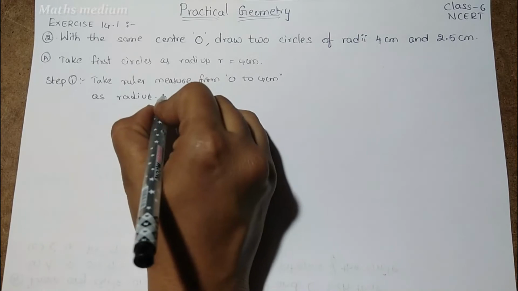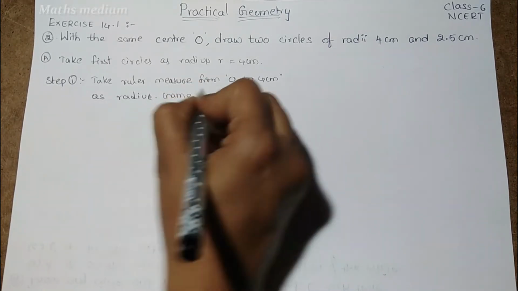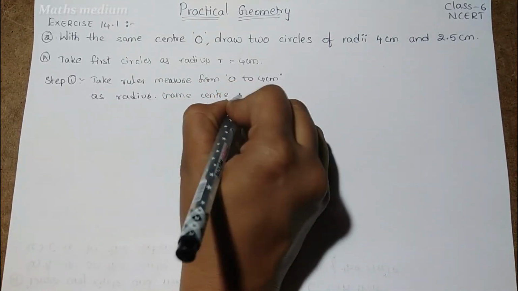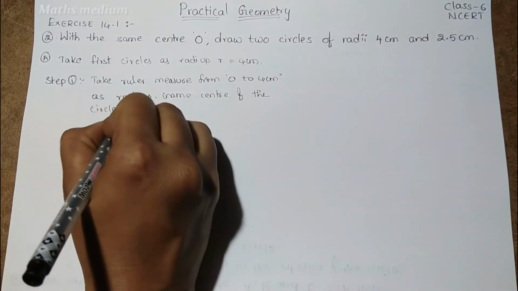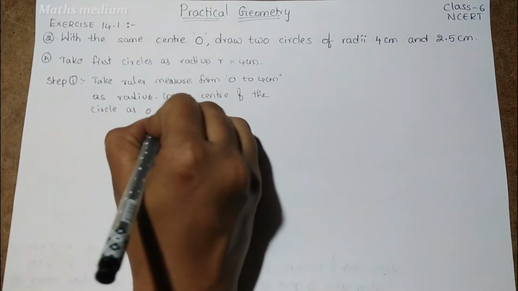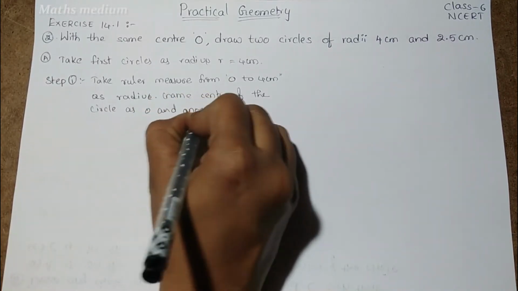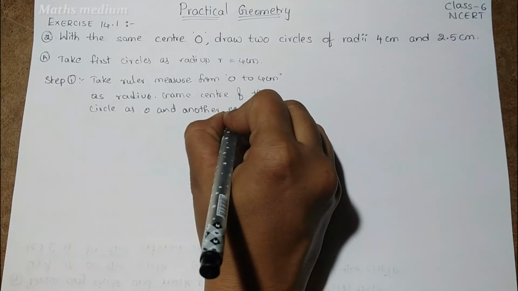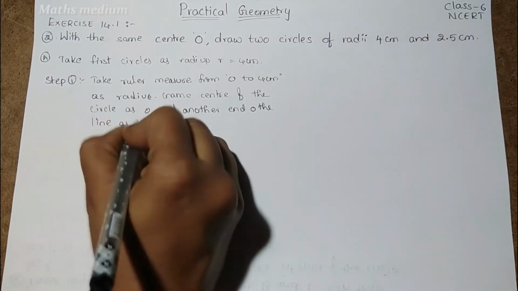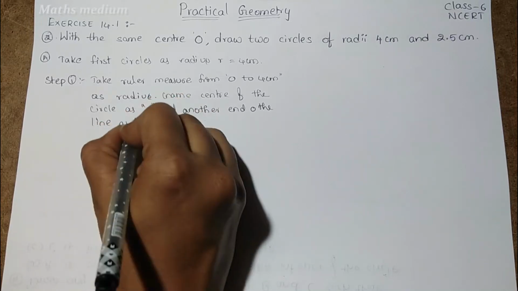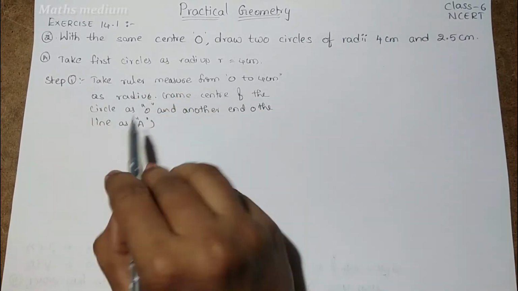Name the center of the circle as O and the other end of the line as A. So this is O and this is A, and we are going to construct OA.